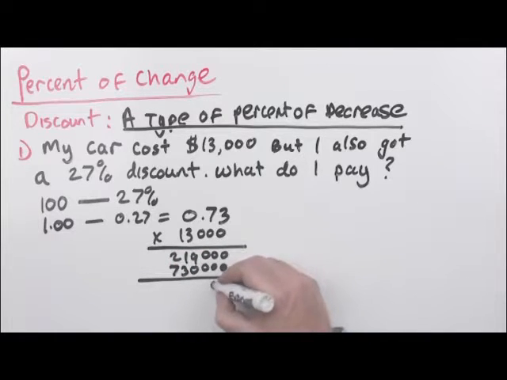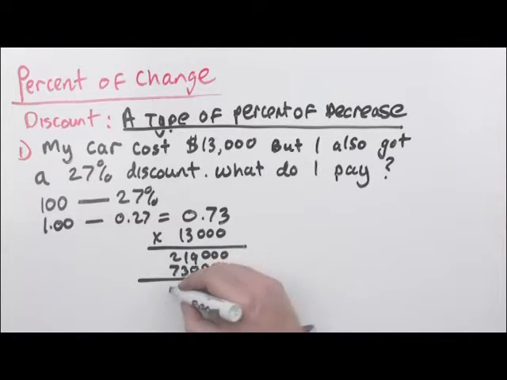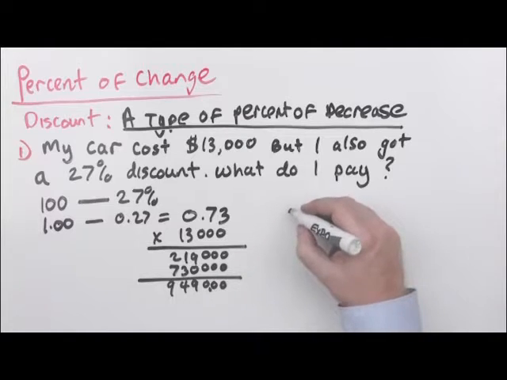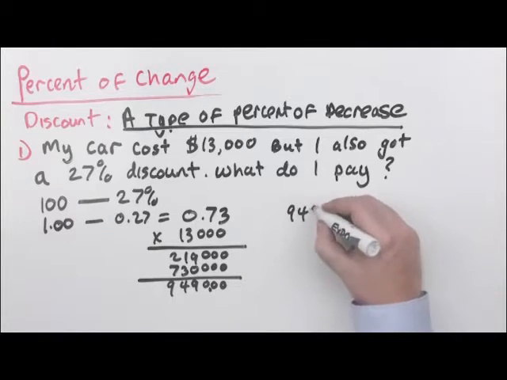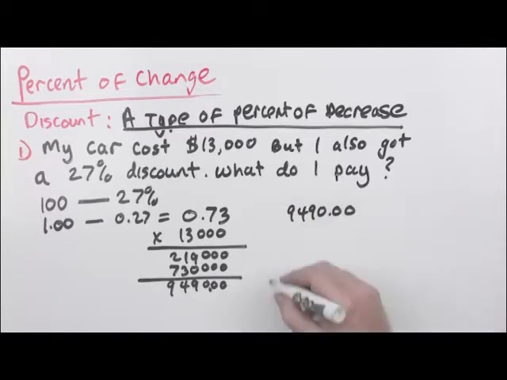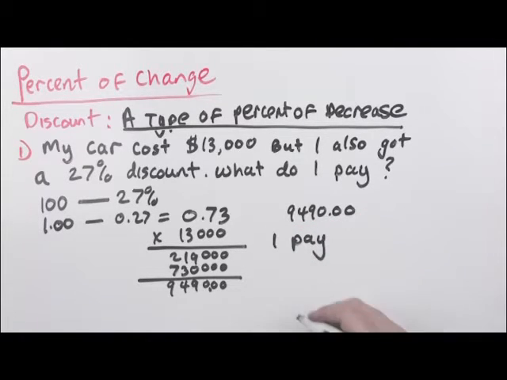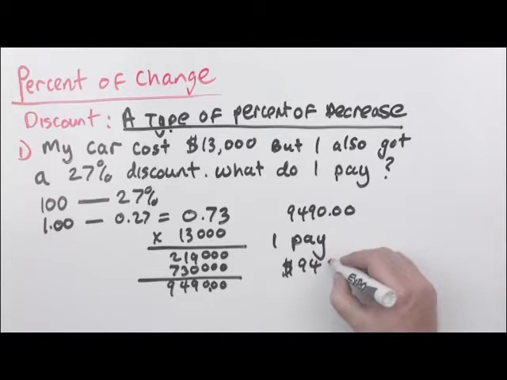Okay, and add all that together. And since we have 2 decimal places in our answer here, 1, 2, so it's 9,490. So after the discount of 27%, I pay $9,490.